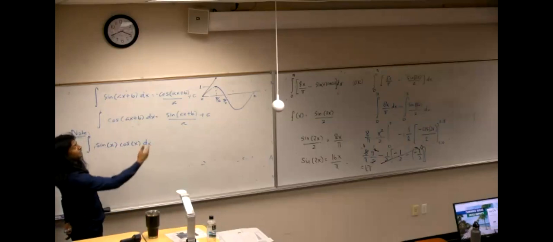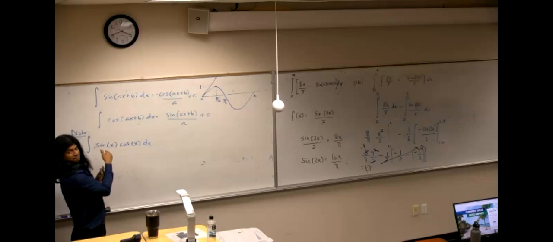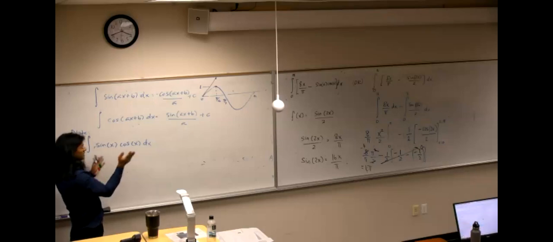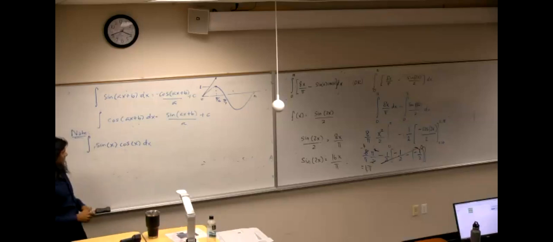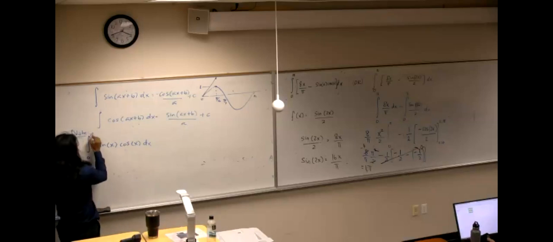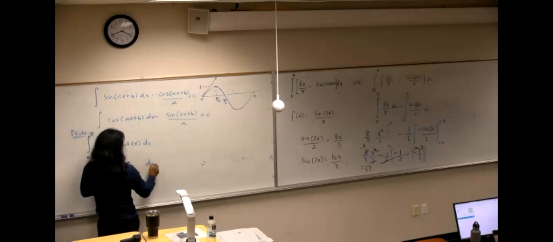You're refusing to use trigonometric identity. So what is the other technique that we can think of? Use substitution. In this case, doesn't matter whether u is cosine, u is sine, doesn't matter. So I like saying u equals sine x, du over dx.